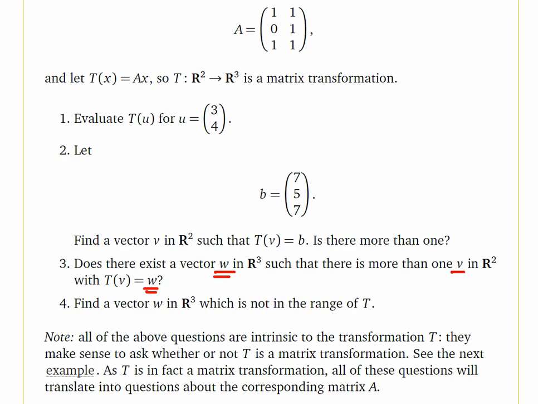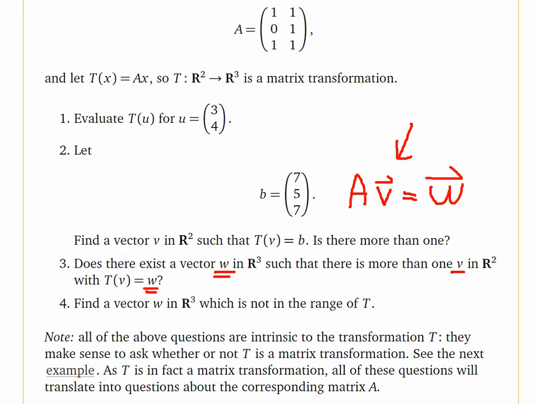Well, again, this is asking whether there's more than one solution to that equation I just had. So A times the vector v equals the vector w. They're asking, is there more than one, right?